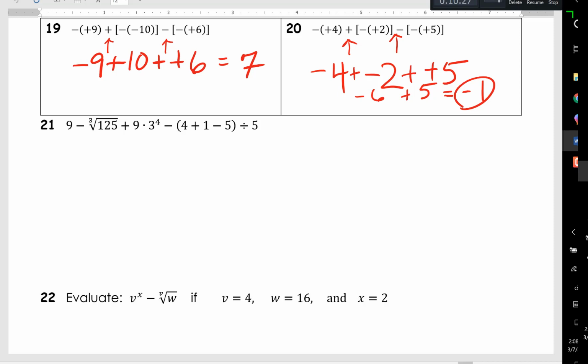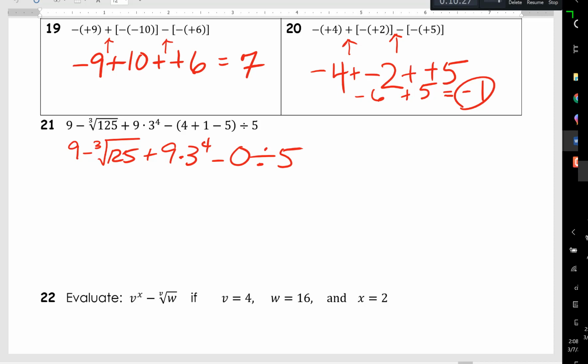So we'll go over here and do this parentheses first. 4 plus 1 minus 5 is 0. So if we write this again, we've got 9 minus the cube root of 125 plus 9 times 3 to the 4th minus 0 divided by 5.